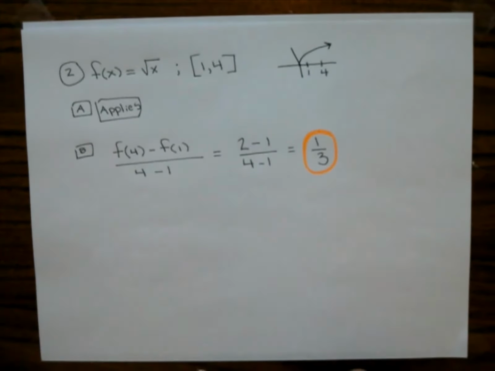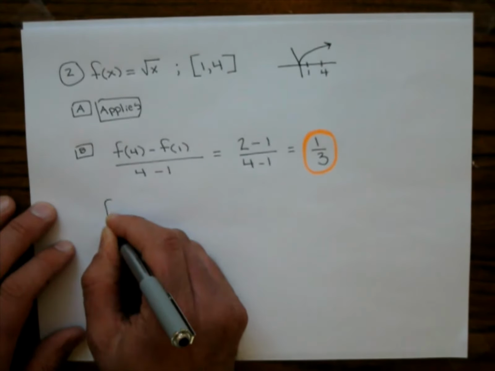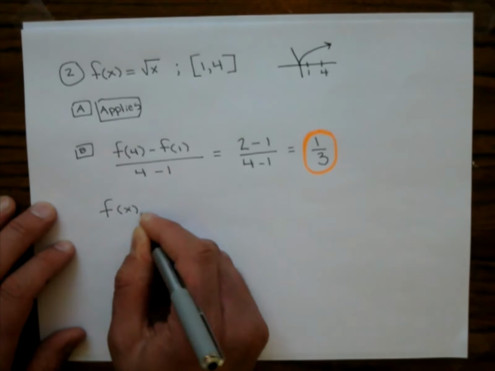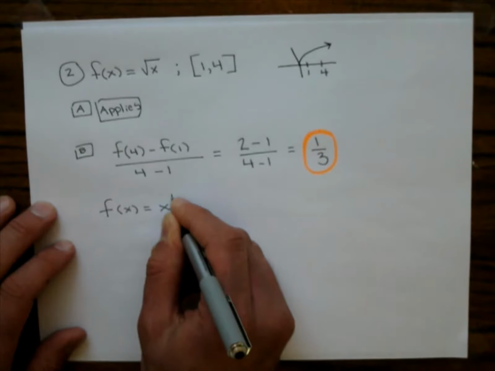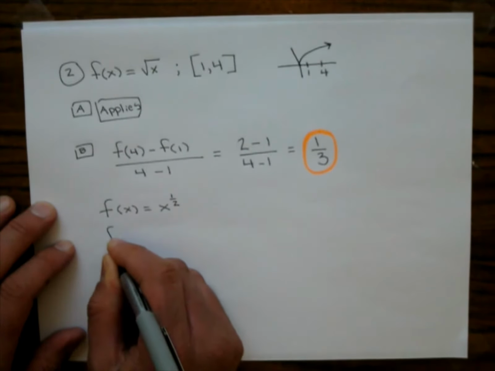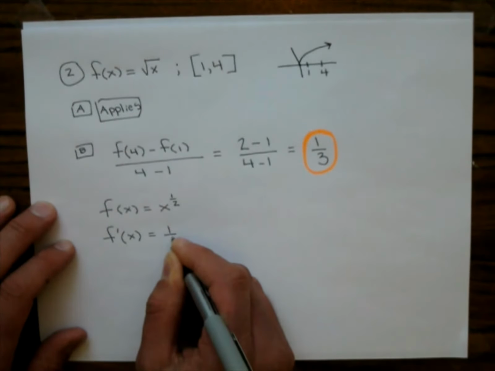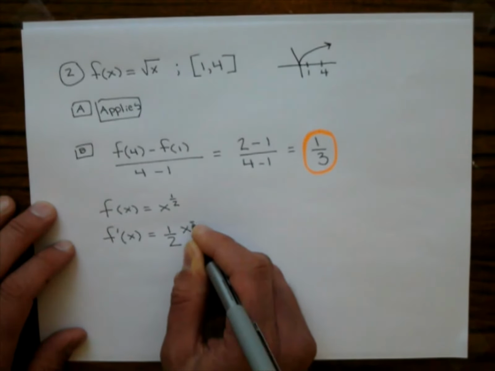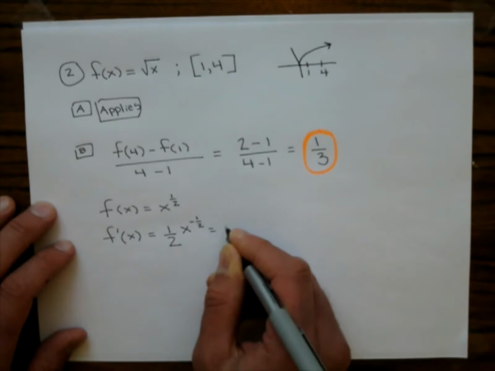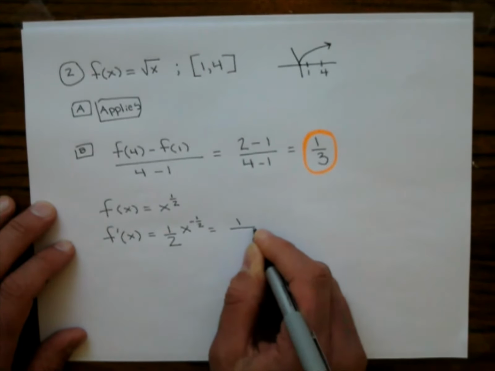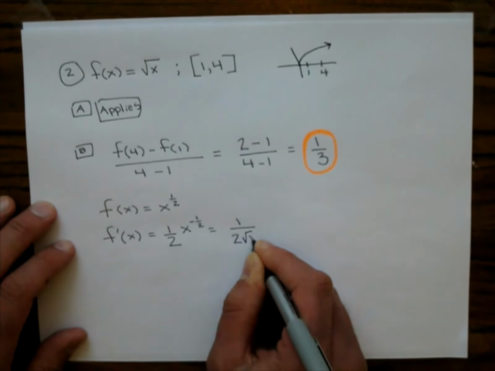So my next step is to take the derivative. Before I take the derivative, let's go ahead and write this as x to the 1/2. So we're going to do the power rule of derivatives, 1/2 x to the negative 1/2, which is 1 over 2 root x.